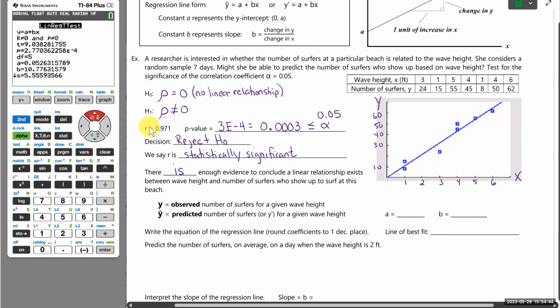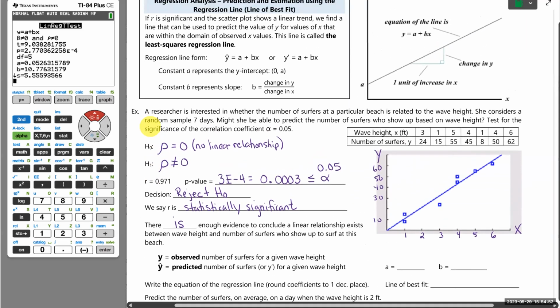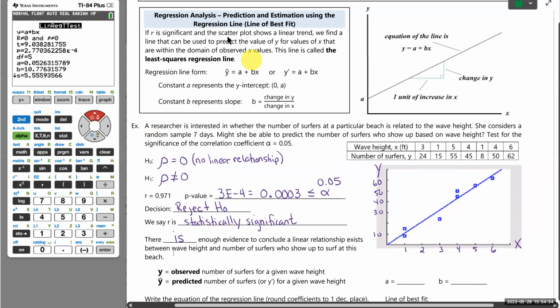All right. So if there's a relationship, then we try to describe that relationship, and we do so by finding what's called the least squares regression line. So again, another long name. Sometimes we'll just say regression line, also the line of best fit.